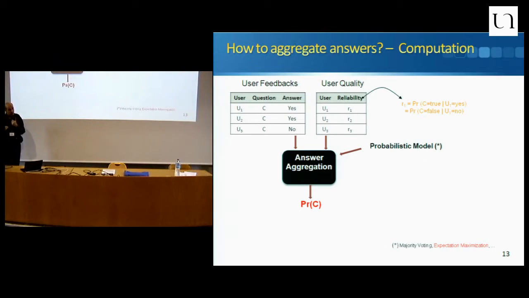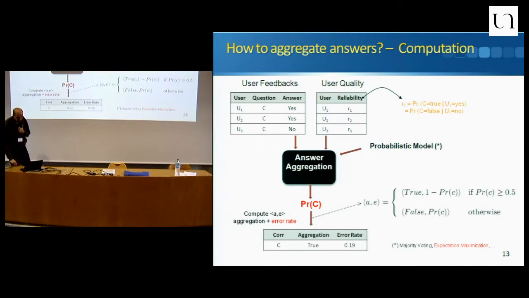And then we might update and repeat this procedure several times. Essentially, once we have a set of estimations about the reliability of users, and a set of answers, we can aggregate with our probabilistic model, which is again the expectation maximization.